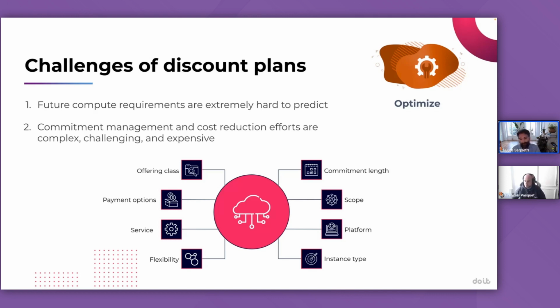And so sometimes managing those is a bit expensive, and there's a requirement to do a bit of due diligence before committing. The FinOps lifecycle phase optimize is really there to minimize those risks. And also here at DoiT, we can definitely help with that.